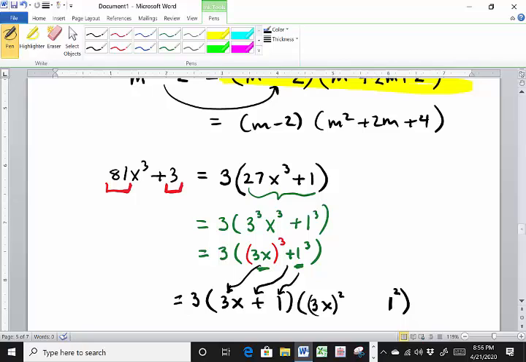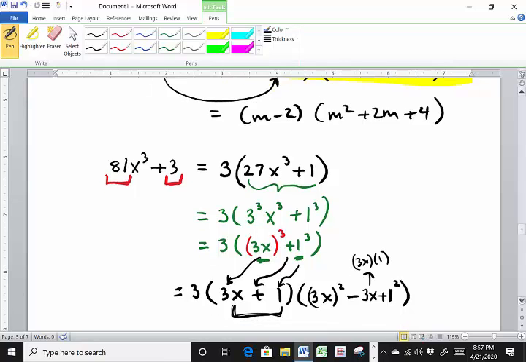Now remember the signs alternate. It goes plus, minus, and then a plus 1, or 1 squared. So it's minus what? Well, you just take the product of these two values, 3x and 1, or 3x times 1, is just going to be 3x. So let's say here, this was from 3x times 1.